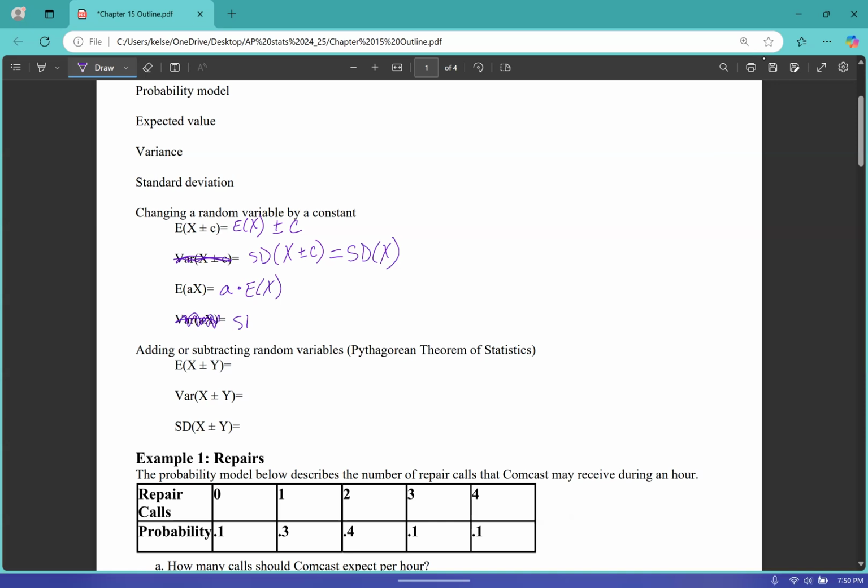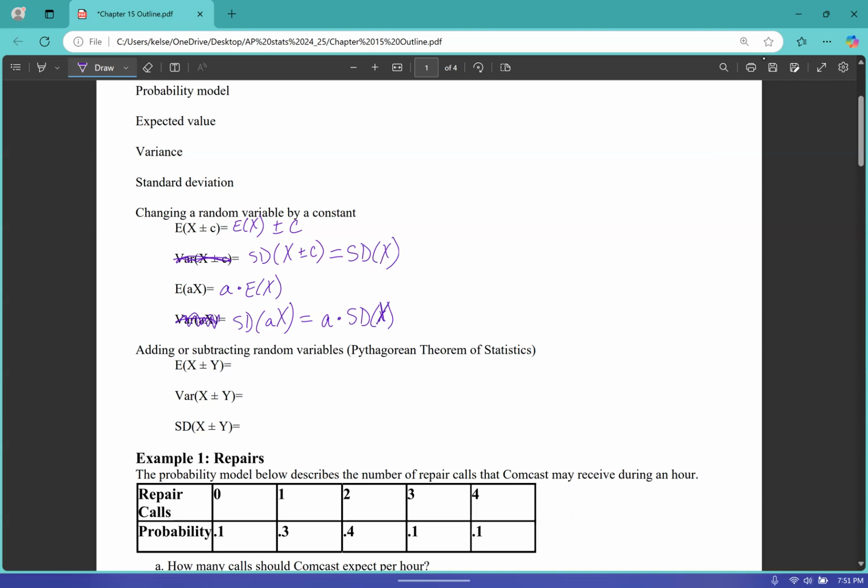The standard deviation of a times x is going to change, because we are multiplying the width. We're stretching our data out or making it more narrow. So you multiply your standard deviation by that factor.